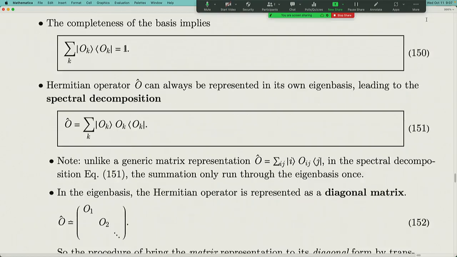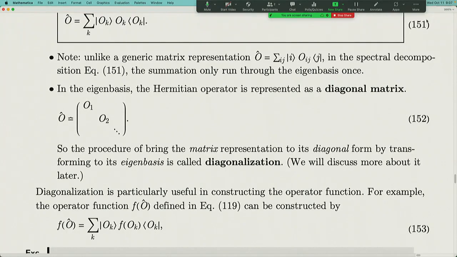Okay, so this is one thing I want to emphasize. In this eigenbasis, the operator looks like a diagonal operator, because it basically takes every eigenstate, multiplies it by a number and returns it, and that's it. If you represent these eigenstates as one-hot vectors, then the corresponding matrix representation of the operator will be diagonal. Of course, at the very beginning, when we write down the operator in a certain chosen basis, it may not be diagonal, but we can always find a basis transformation, meaning that we abandon the previous basis choice and choose a new set of bases.